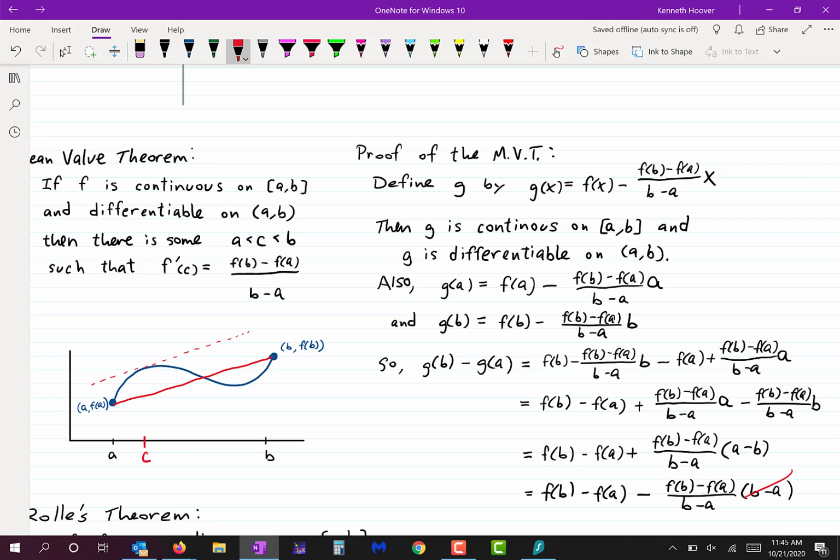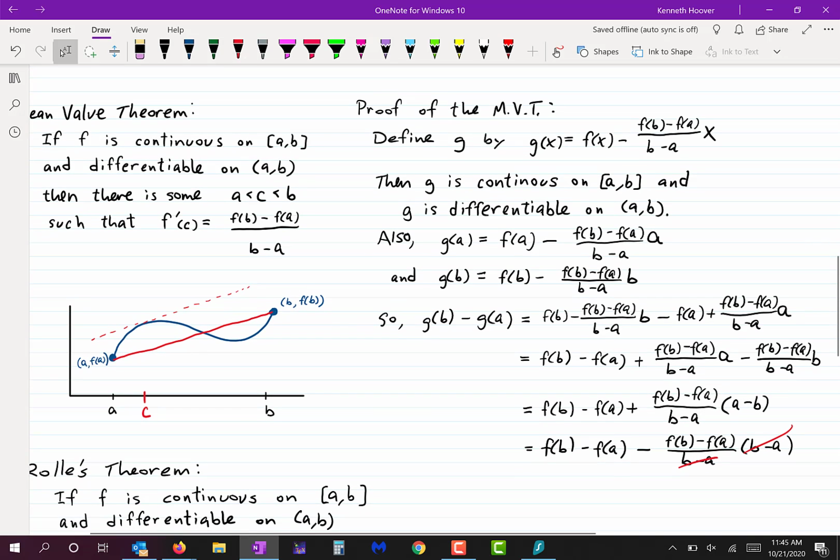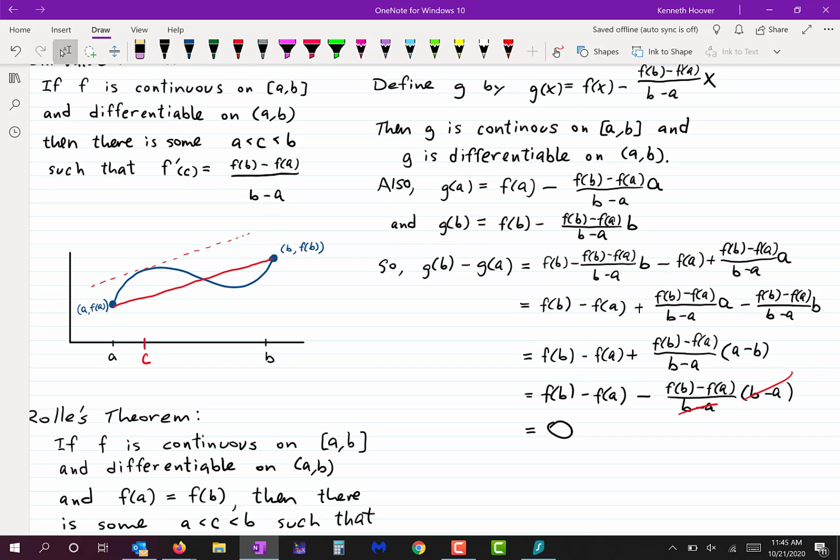And these cancel. And so we're left with f of b minus f of a minus f of b minus f of a, which is 0. So g of b minus g of a equals 0, which means g of a equals g of b.